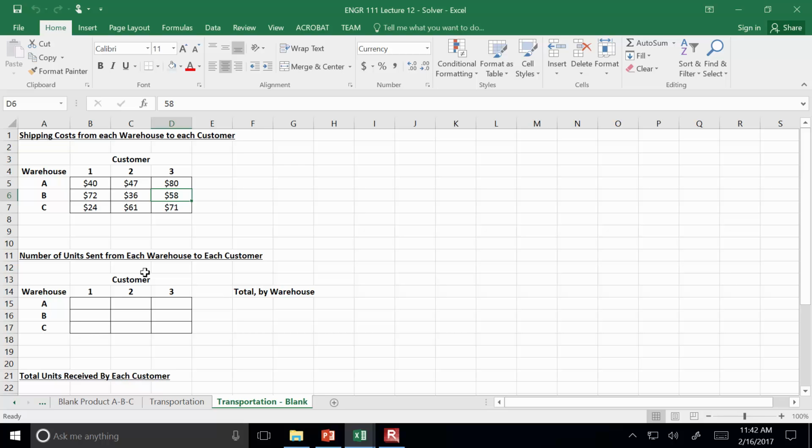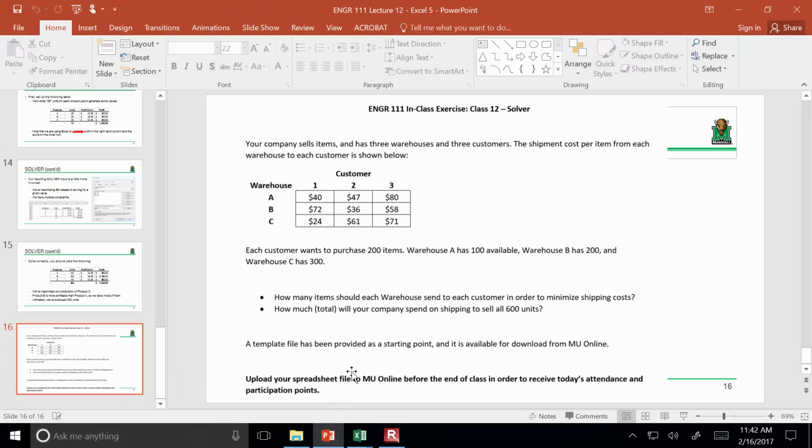So each customer needs 200 items, but warehouse A only has 100, warehouse B only has 200, and warehouse C has 300.